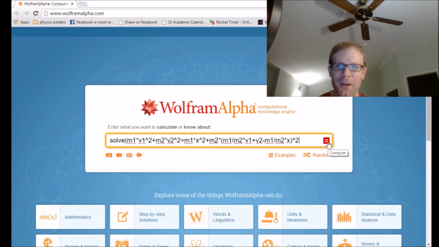Great, so I've got my equation translated over to Wolfram Alpha. I'm asking it to solve for X. So I say solve, give it the equation, comma X, and here we go.